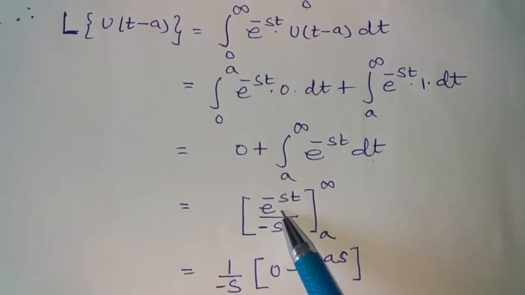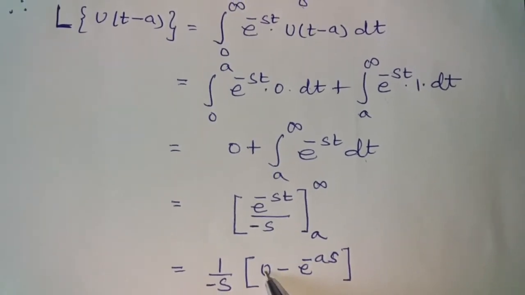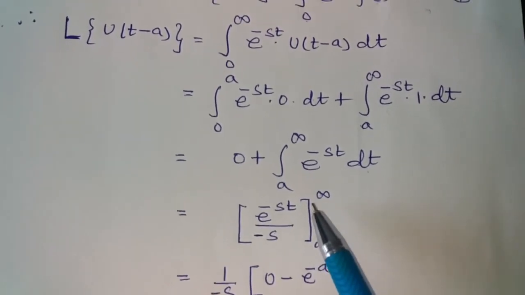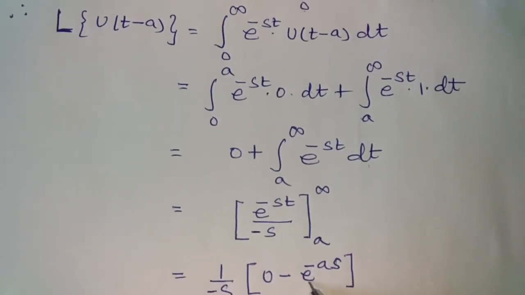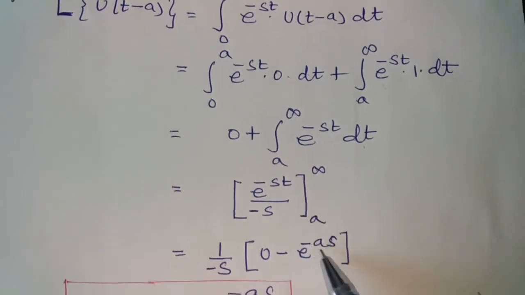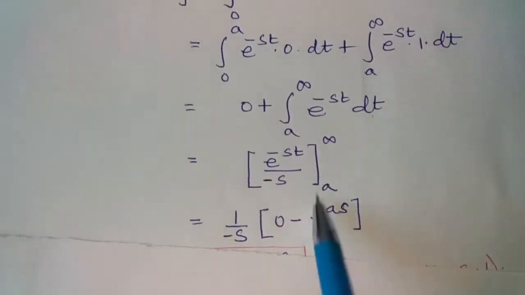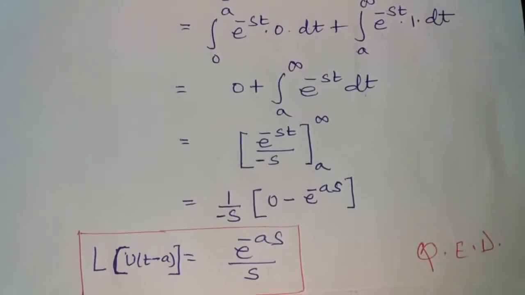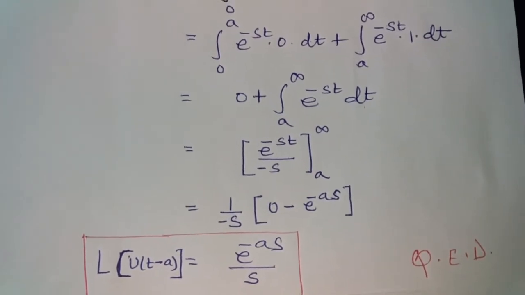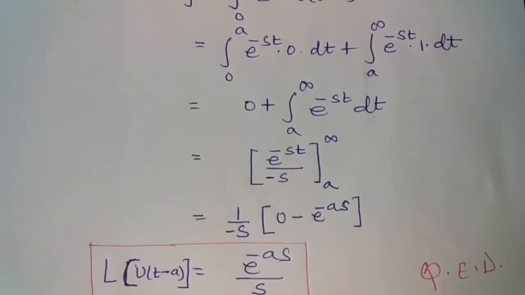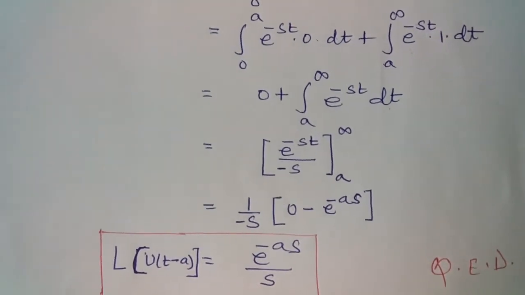E raised to infinity is infinity and something upon infinity is 0. So the upper limit gives 0 minus the lower limit, in place of t we put a, so we get e raised to minus as. Simplifying this expression, we get the Laplace transform of unit step function as e raised to minus as by s. So this is how we find the Laplace transform of unit step function.